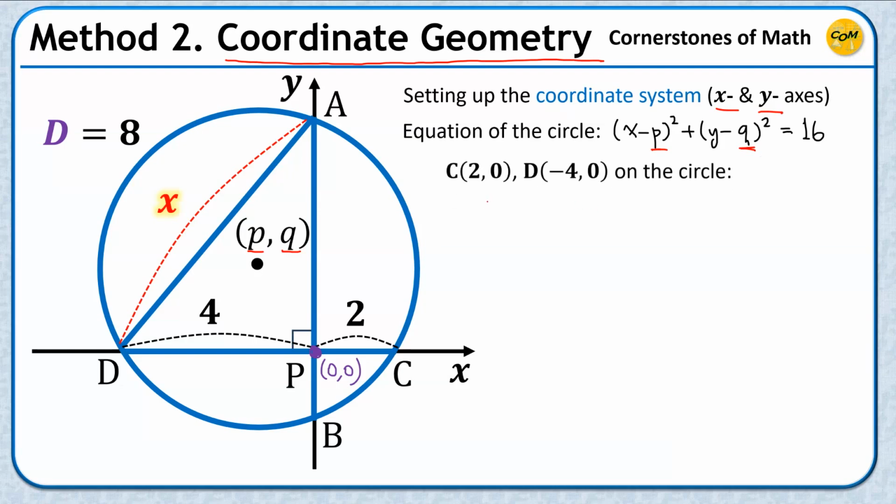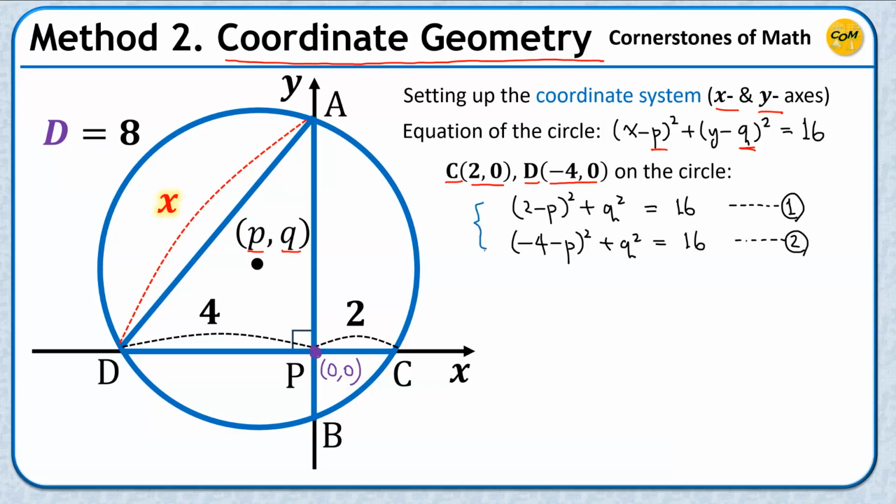Such two equations can be obtained by using the fact that point C, which is 2, 0, and point D, which is negative 4, 0, are on the circle. So using point C, we have 2 minus p squared plus q squared equals 16. And using point D, we have negative 4 minus p squared plus q squared equals 16.